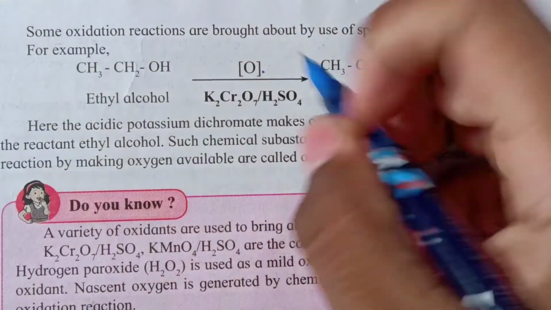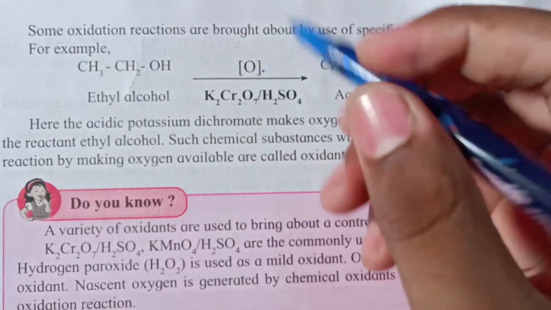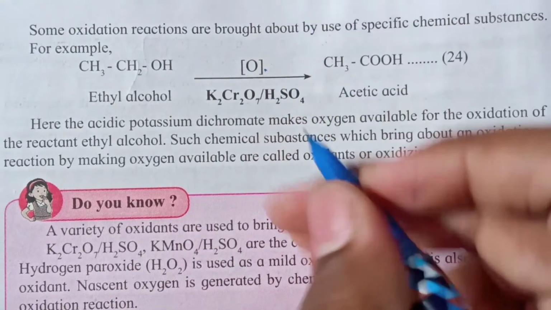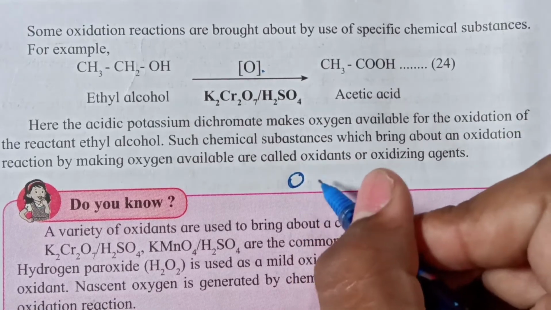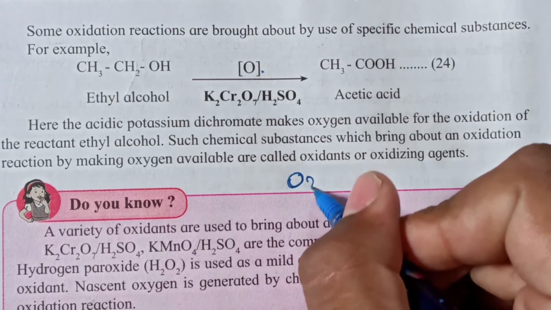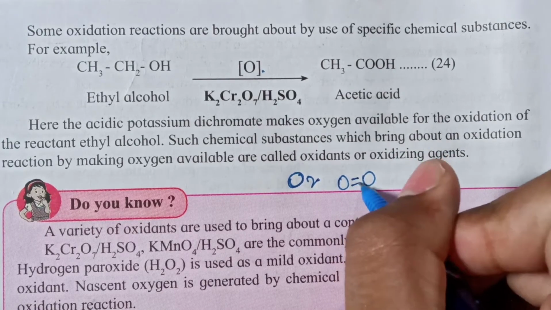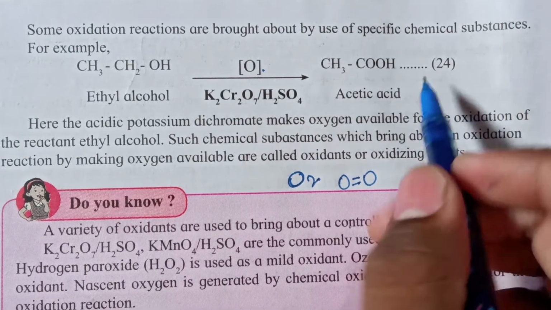Now, as you can see, there is a single atom of oxygen over here, but oxygen's valence is 2, so it always stays in a double bond. You would have never seen a single oxygen O; you will always see O2, because the two atoms of oxygen always stay together.